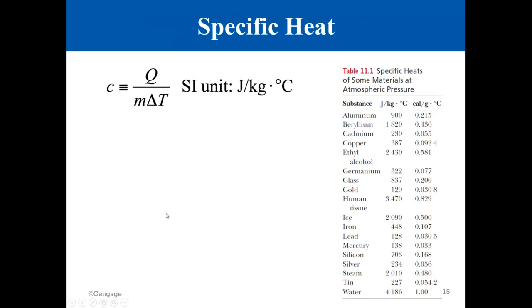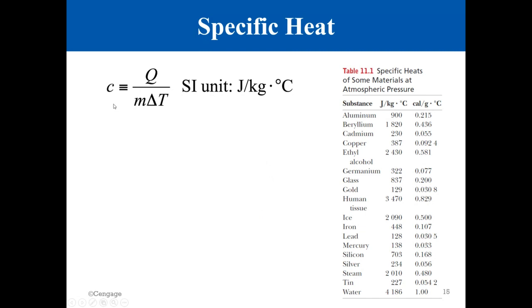Another quantity that we need to learn about when we study thermal processes is the specific heat. Each material has its own specific heat. The specific heat depends on the type of material and how the atoms and molecules interact with each other. We measure the specific heat in units of joules per kilogram degree Celsius. Here we are using SI units.